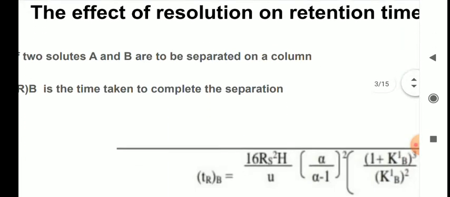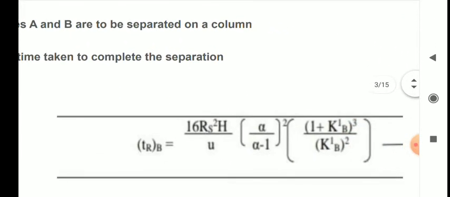Similarly, in the other equation TRB, there also there are three terms, one involving resolution and plate height, the second one is alpha, that is the selectivity factor, and the third one is the retention factor. Plate height is a term related to zone broadening. Lower the plate height, lesser will be the zone broadening of the solutes.